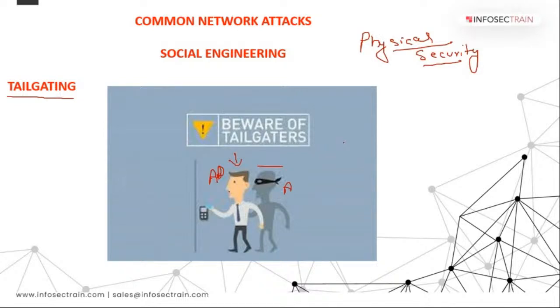As soon as the door opens, the attacker quickly gets inside without the authorized person knowing. This authorized person does not know that using his card, one more person has got inside the organization. So that is tailgating, right?